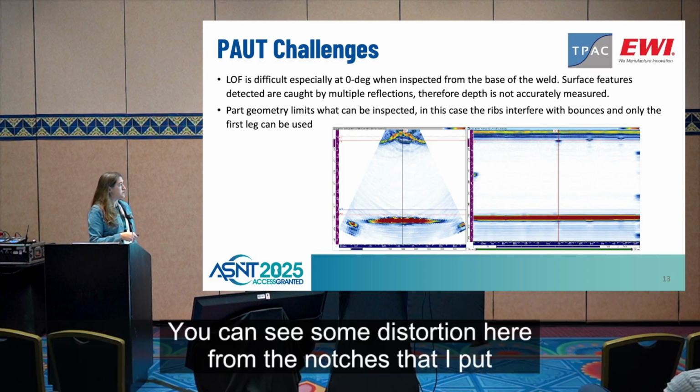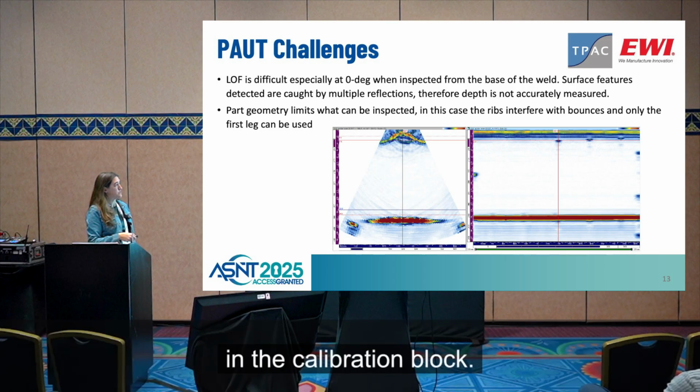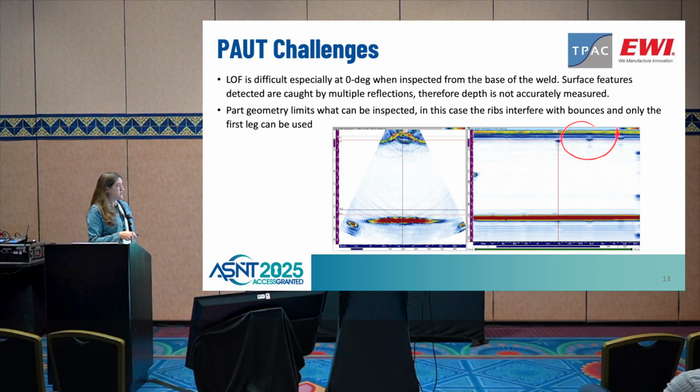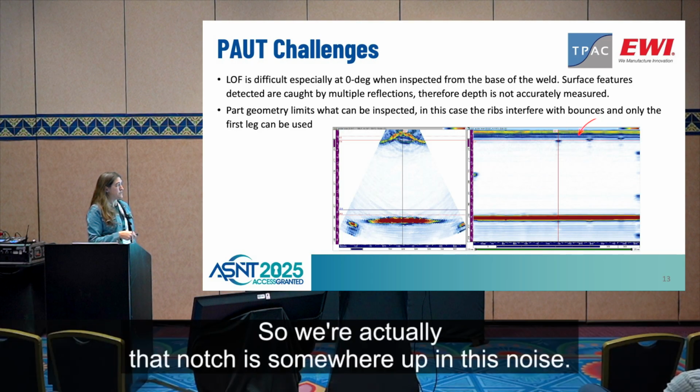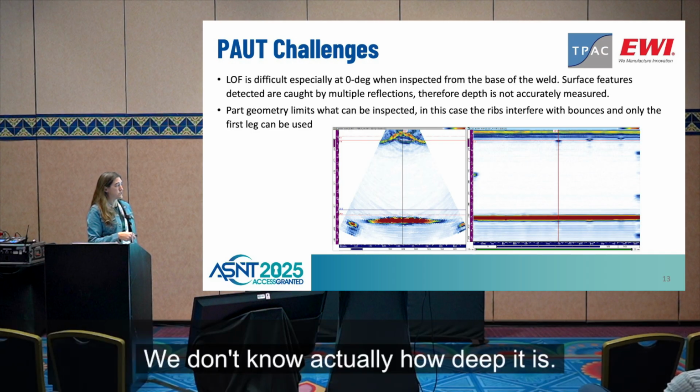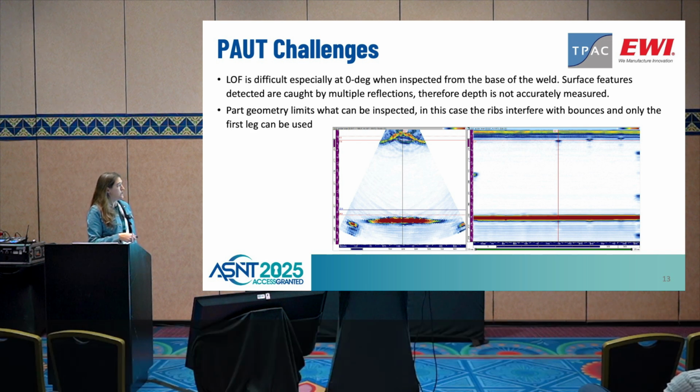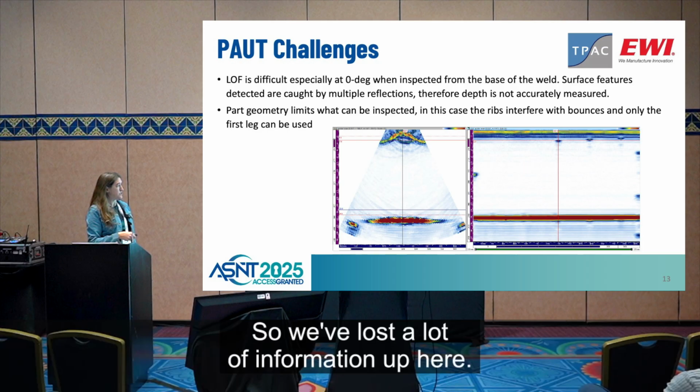You can see some distortion here from the notches that I put in the calibration block, but you can also see this is measuring at 3 millimeter depth or so for this notch here. So that notch is somewhere up in this noise. So we can't resolve that notch. We don't know actually how deep it is. That notch is only something like 0.5 millimeter deep. So we've lost a lot of information up here.